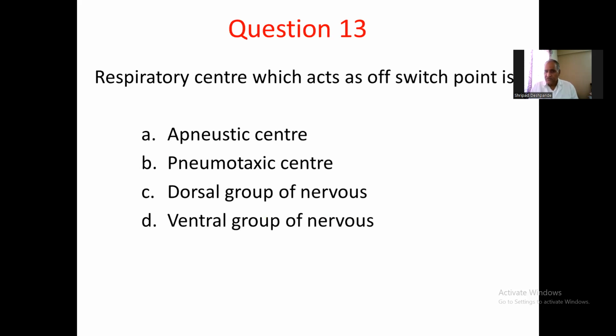Anyway, it does not matter for us. Now, apneustic center continues the inspiration. The pneumotaxic center cuts off the inspiration. Hence, the switching off mechanism is done by the pneumotaxic center. That's the correct response. B, pneumotaxic center. However, there are spelling mistakes. It is a dorsal group of neurons and a ventral group of neurons.